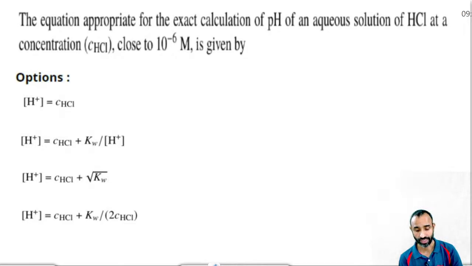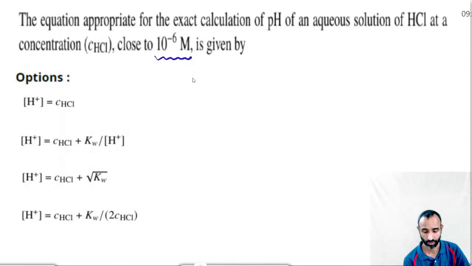This is exactly the same question from another year. The equation appropriate for the exact calculation of pH of an aqueous solution of HCl at a concentration close to 10 raised to power minus 6.